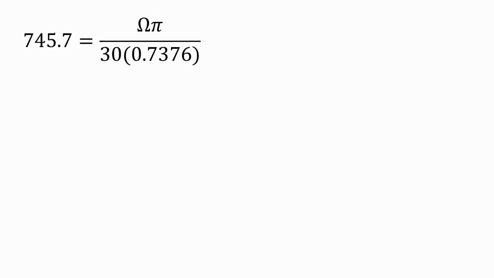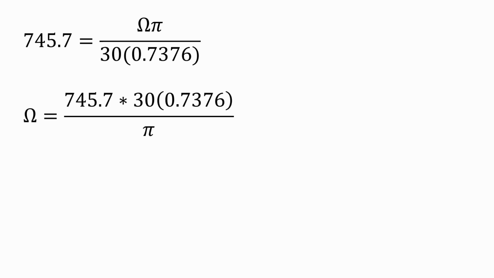Fortunately, this is a really easy equation to solve. We can just multiply through by 30 times 0.7376 and divide by pi. So our capital omega, engine speed in RPM, is equal to 745.7 times 30 times 0.7376 all over pi. This should be the RPM at which torque and horsepower are guaranteed to cross.